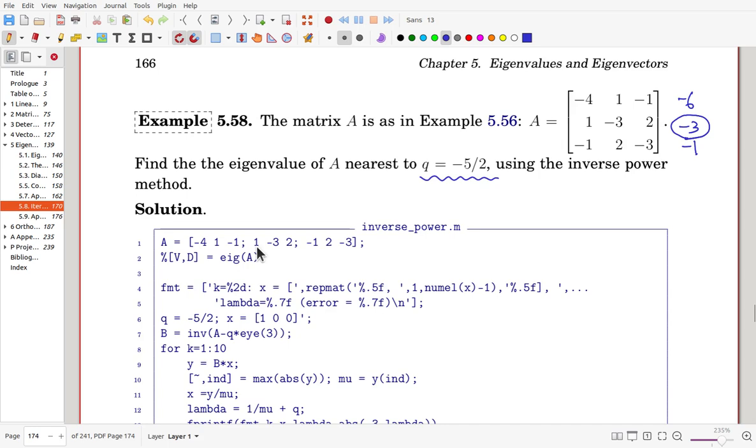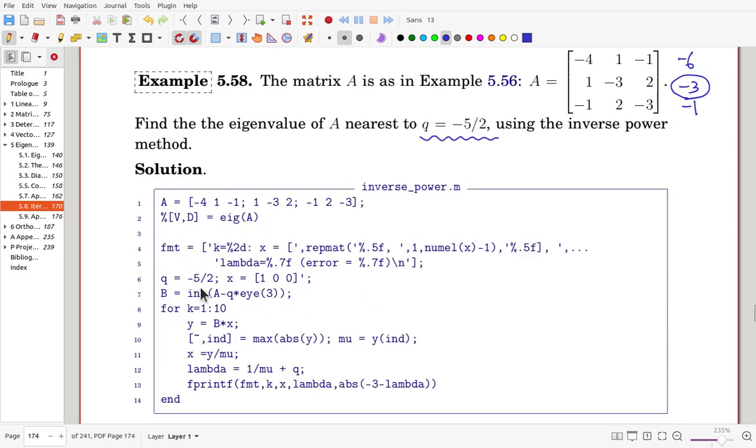So same matrix and the format for printing, and we choose q and the same initial vector, and we form the inverse of A minus qI, and in each iteration we multiply B to get y, and the same way we get the position index from the absolute value of y, and we take the value mu.